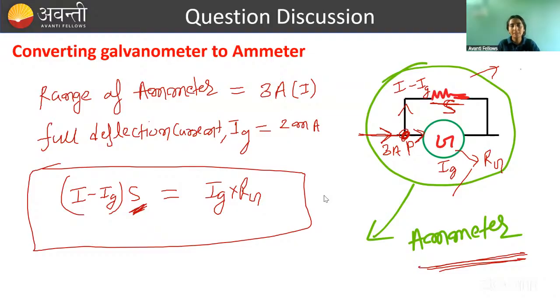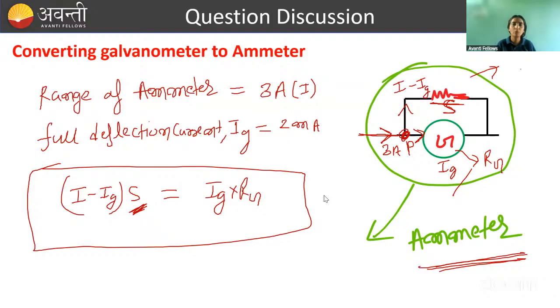But rather than mugging up the formulas, you should know the concept. Anyone any doubt here? If yes, you can let me know. Then Kiran, it won't be able to measure the current.